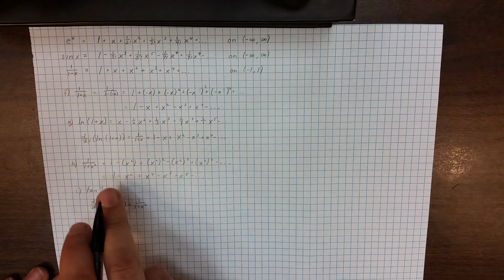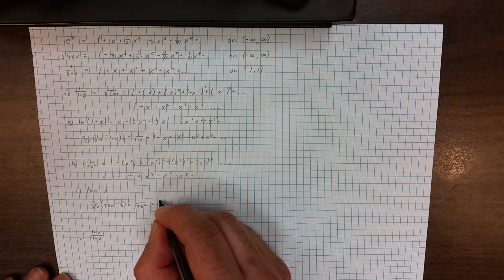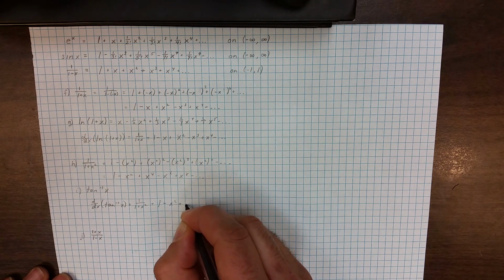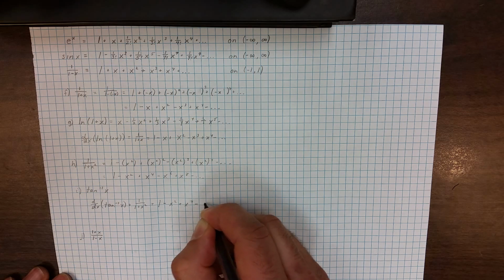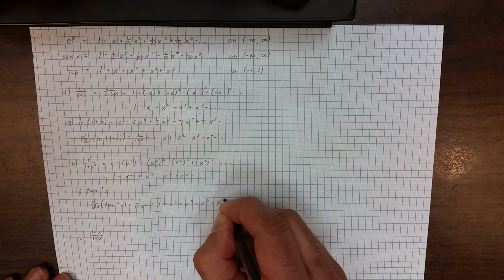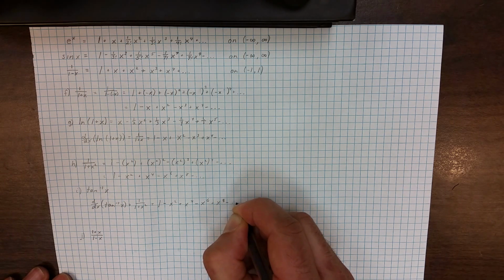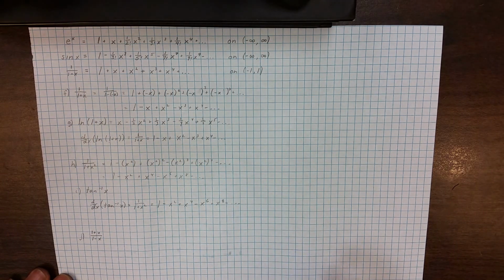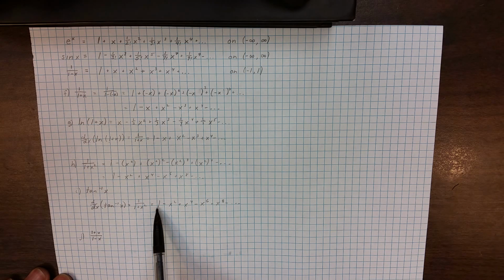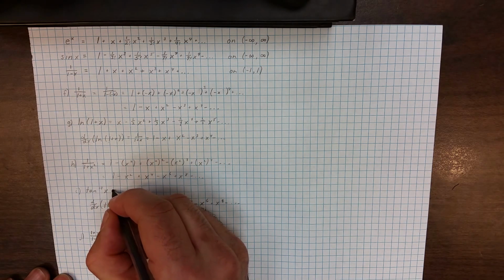And we already have the expansion of 1 over 1 plus x squared, which is equal to 1 minus x squared plus x to the 4th minus x to the 6th plus x to the 8th minus, and so on, alternating in sign. And we're going to use the same trick that we did up here. We have the Maclaurin series expansion of the derivative of the function that we want. So now we're just going to go ahead and take the antiderivative.